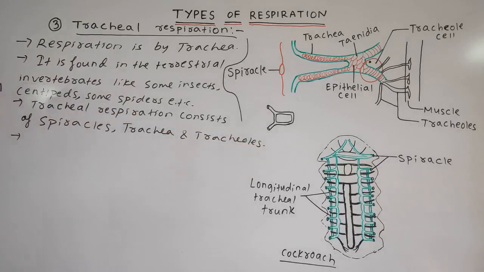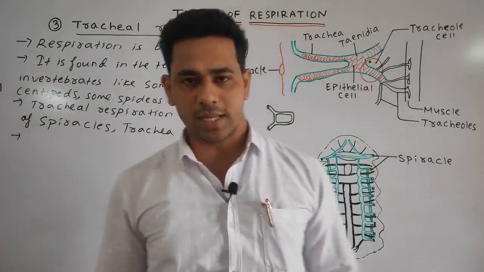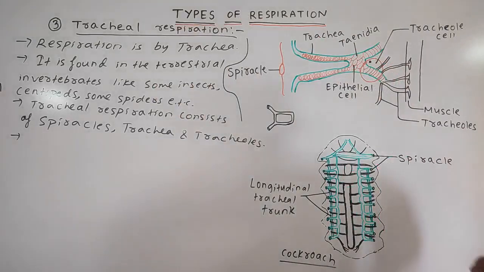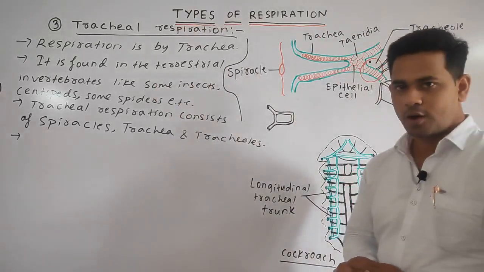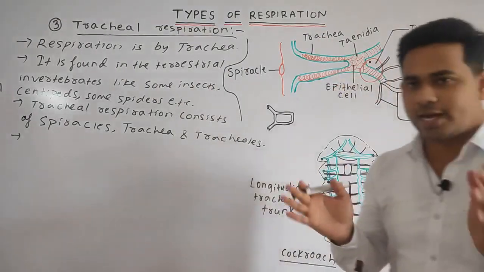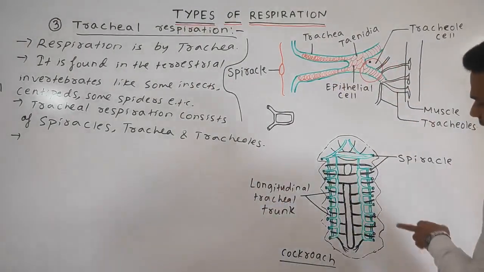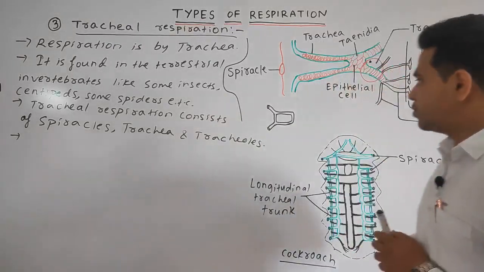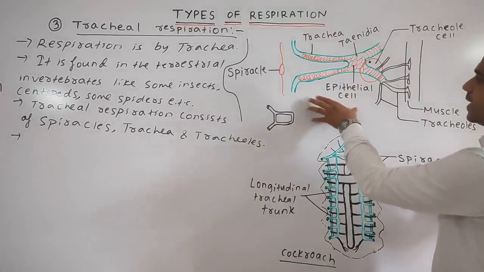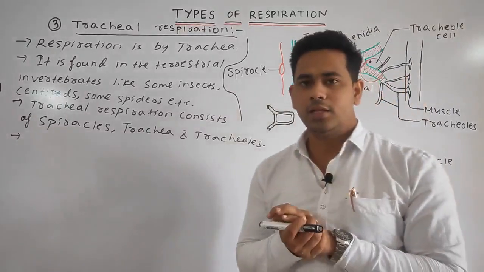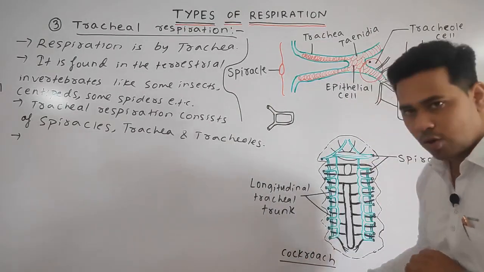So what are the various segments that are present in the tracheal respiration? You can see we have drawn the complete diagram of the respiratory organ in the case of the tracheal type of respiration. This is the diagram of the arrangement of the trachea and the spiracles, and this is the tracheal respiration mode in the cockroach.